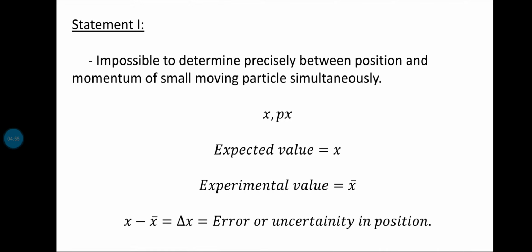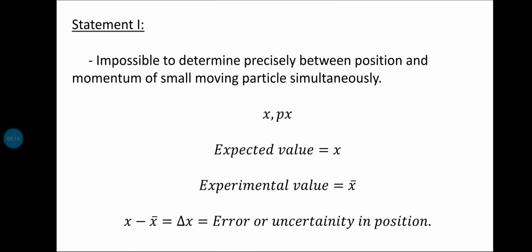That value is known as x bar. The expected or theoretical value is x, and the experimental value is x bar. Now you find out the value of x minus x bar.